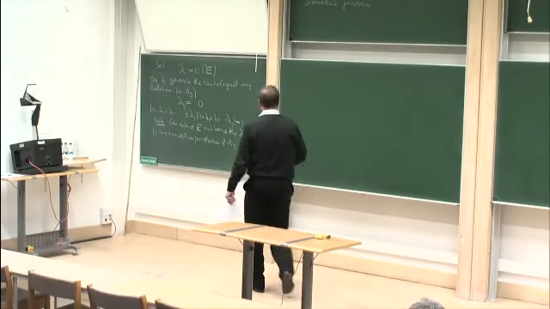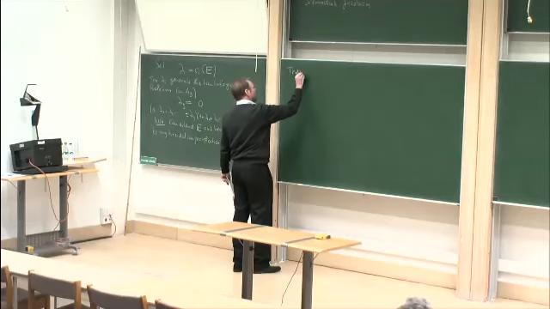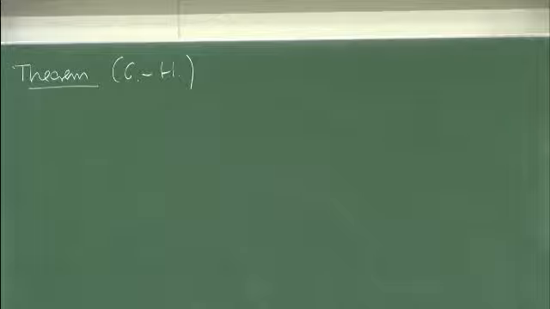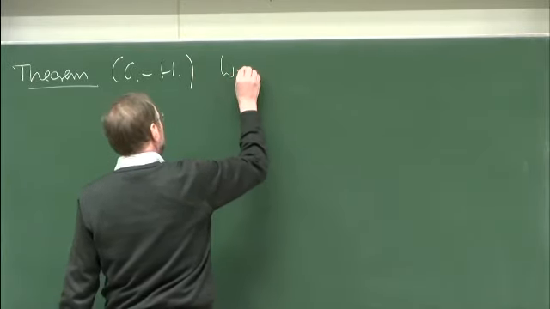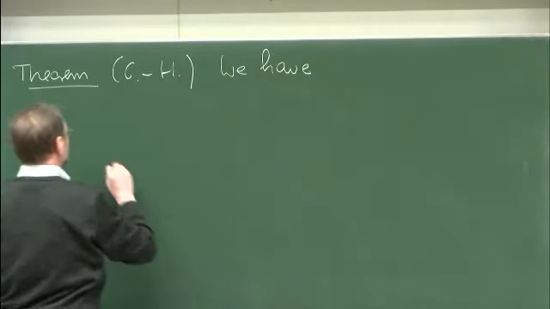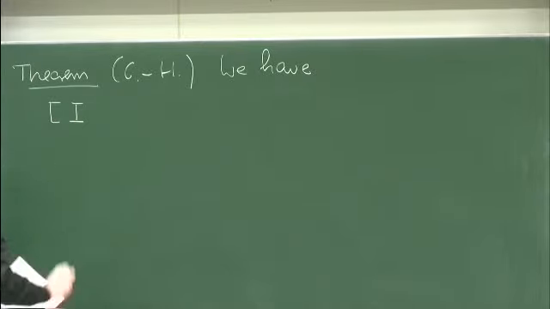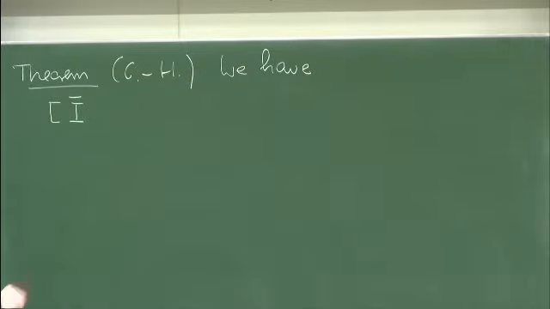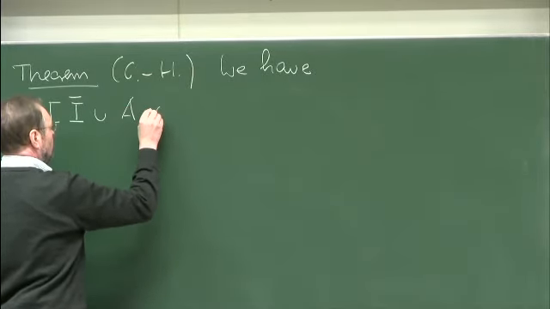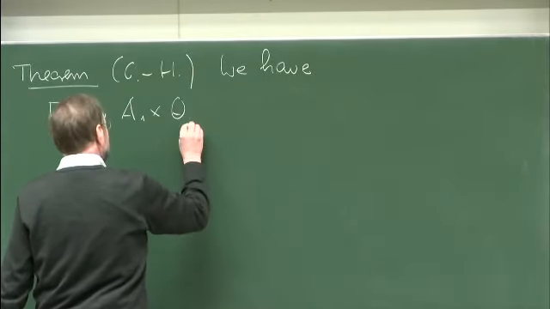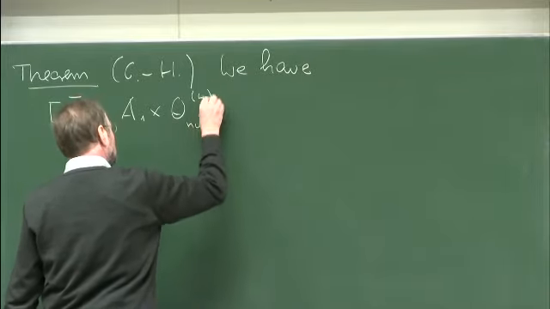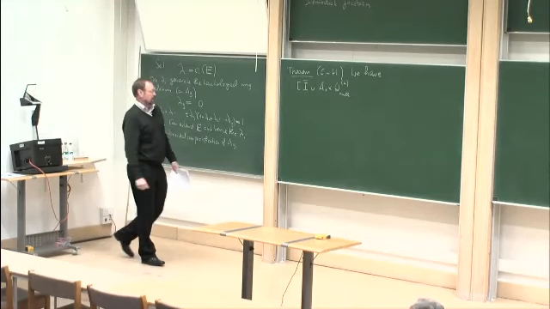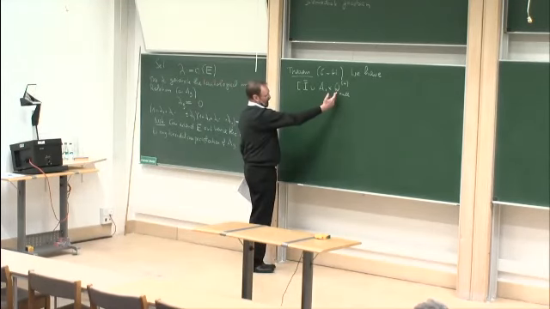So let me state our first result. What we can prove is this. We look at the class of I and take the closure in A5, union A1 cross the theta null divisor on A4. The theta null divisor is where one even theta constant vanishes, and that's a subset in A4.